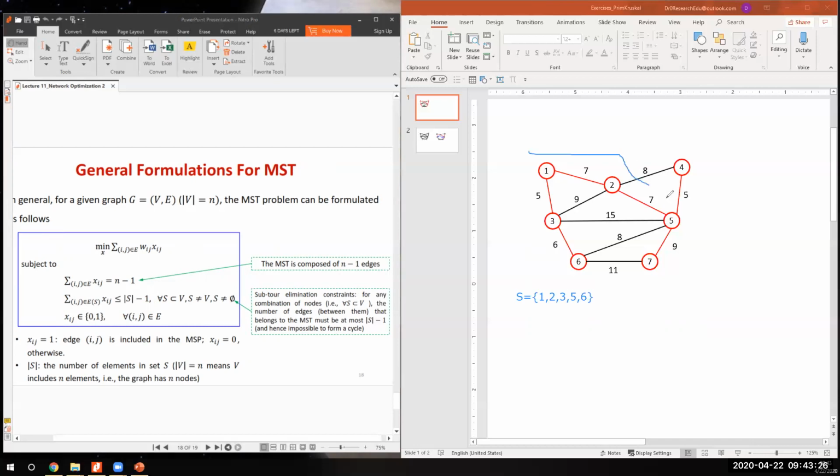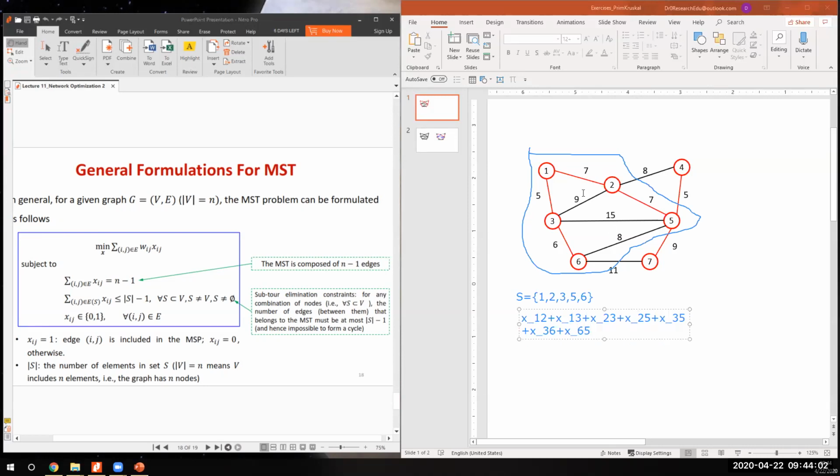In this case, you're going to have x12 plus x13 plus x23 plus x25 plus x35 plus x36 plus x65.